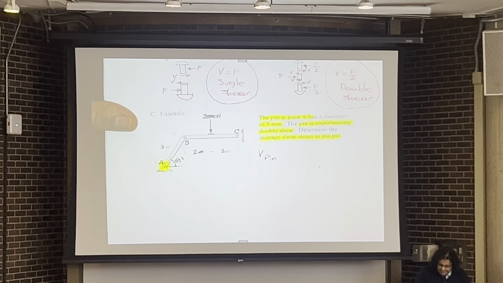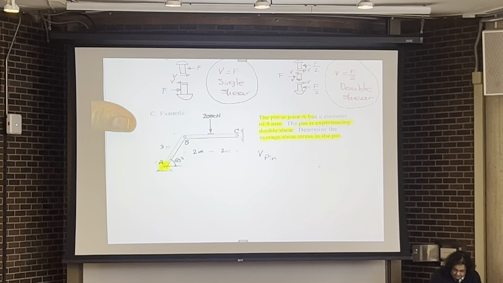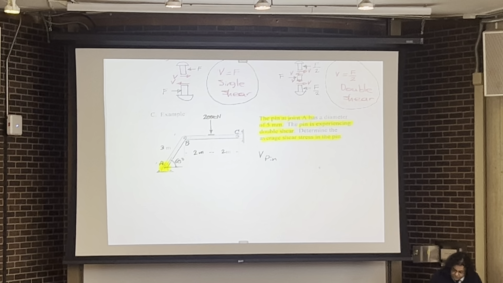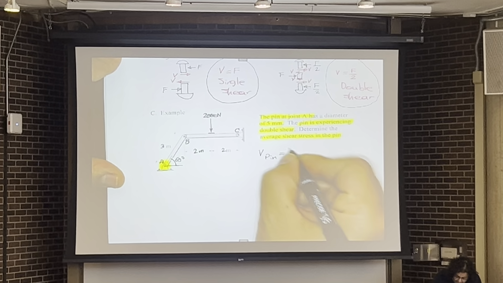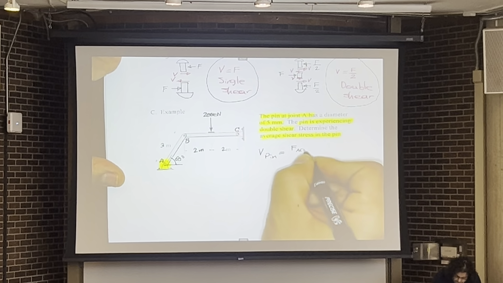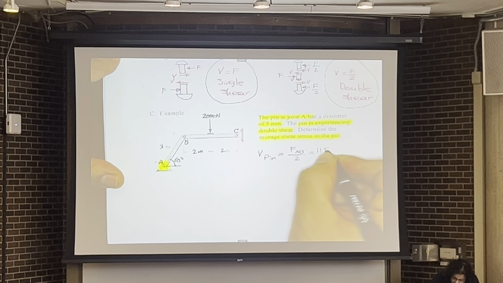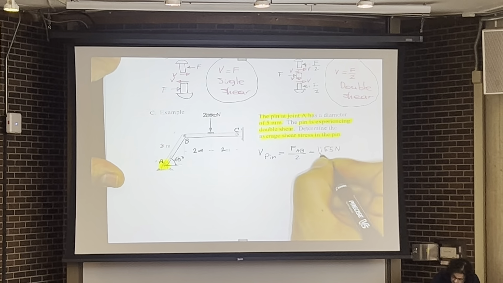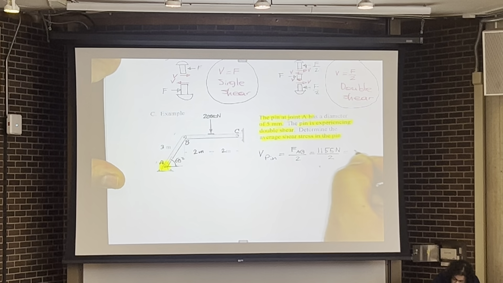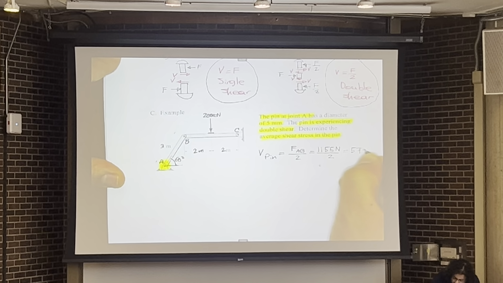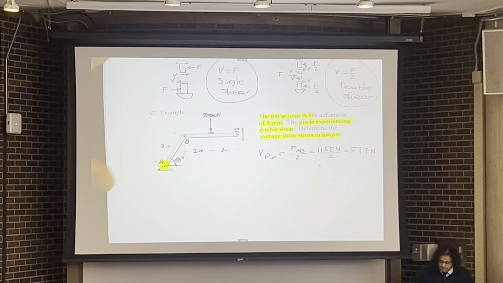So the shear force inside the pin, because it is under double shear, is equal to the force in member AB divided by 2. So it's going to be 1,155 Newton divided by 2, which is going to be 577 Newton.